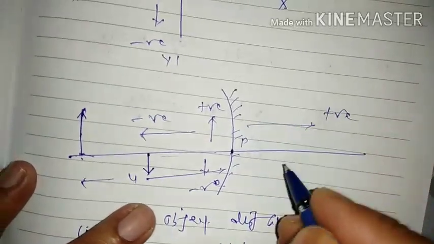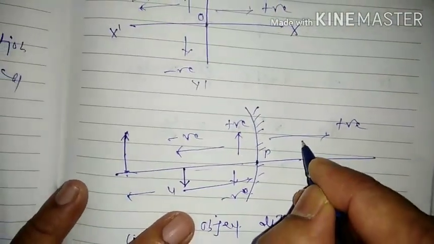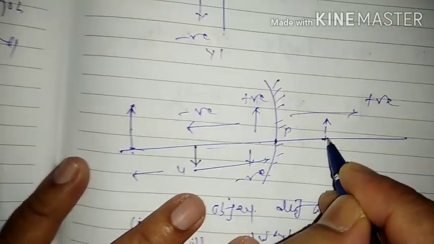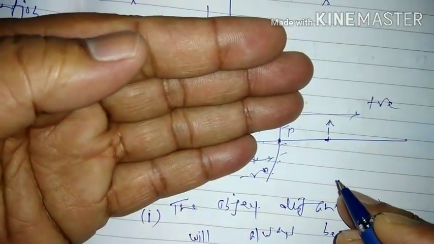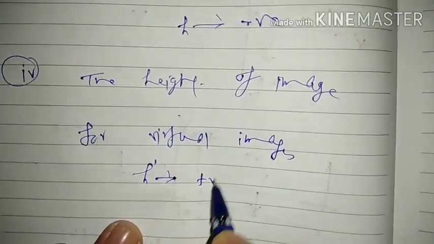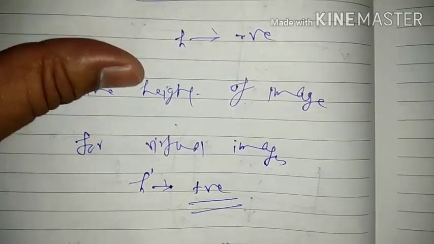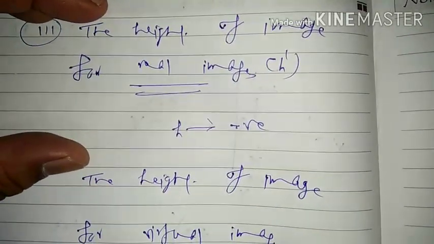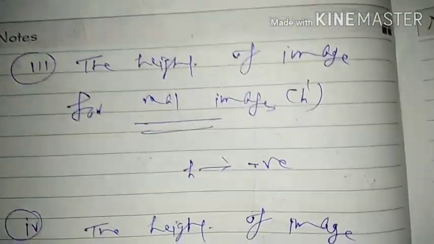A virtual image forms above the principal axis. So the height above the principal axis is taken positive. So the height of a virtual image will be positive. These are the concepts which will be very fruitful for us during solving numerical problems.